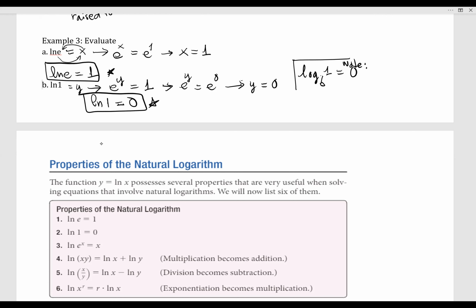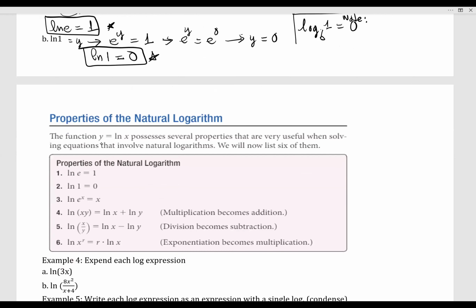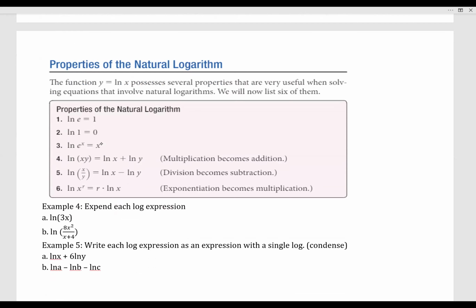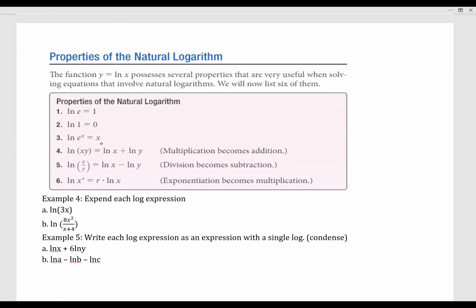Now let's come to the properties of the natural log. I have a total of 6 properties that you need to use for the natural log.